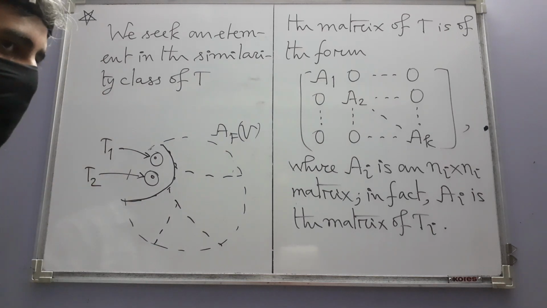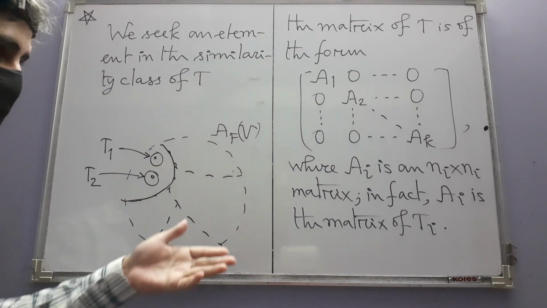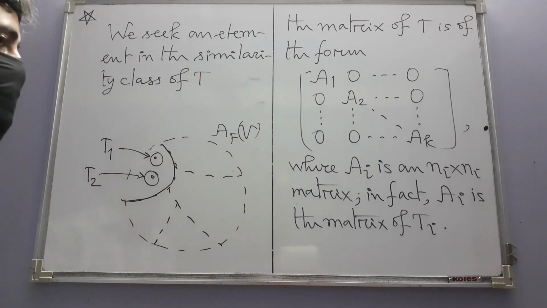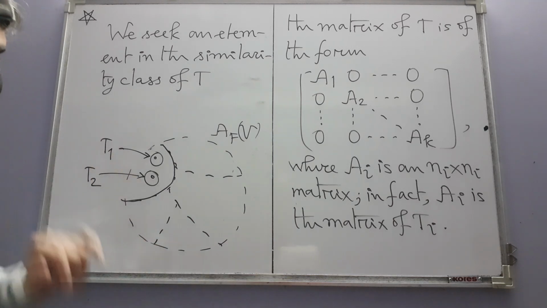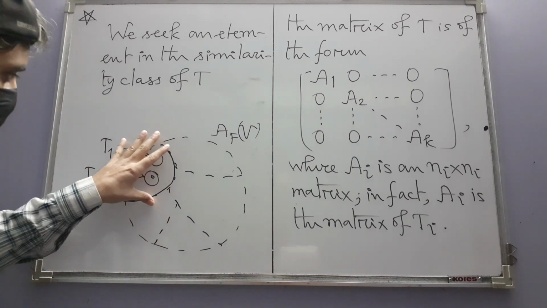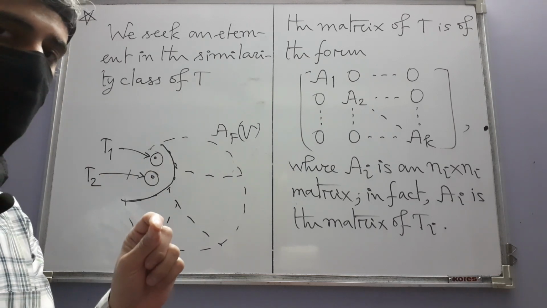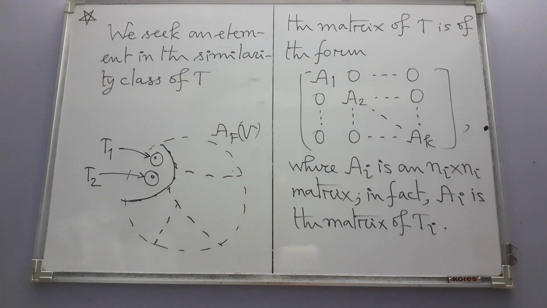Now, for some reason, suppose that finding the characteristic roots and characteristic vectors for T2 is easier than finding those same things for T1. So within the similarity class, we want to find that element for which this is going to be the easiest. Okay, so that's what we want. So how can we do that?